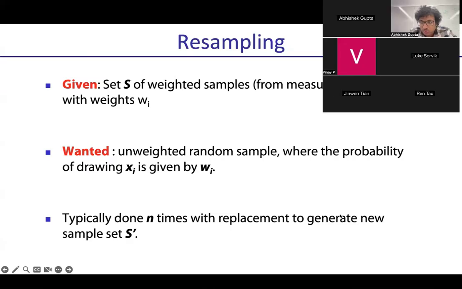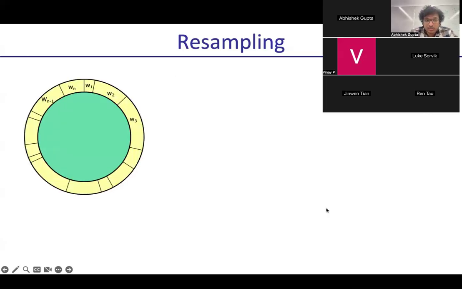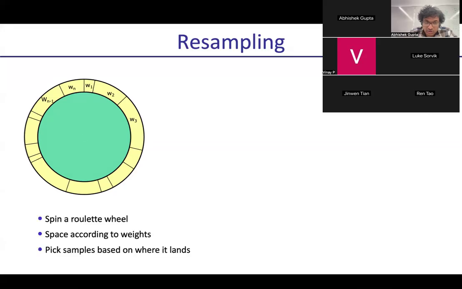If we think about resampling, it looks like going through things with a roulette wheel. Think of a roulette wheel where the length of each arc is proportional to the weight of that particle. You draw a bunch of independent spins on this roulette wheel and see which particle it lands on and add it to your set.